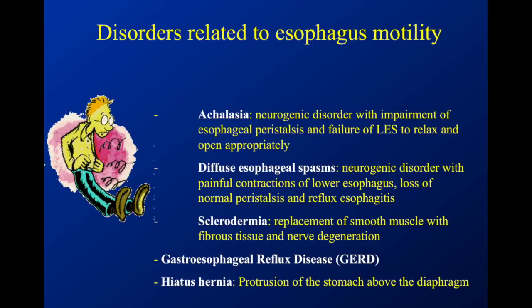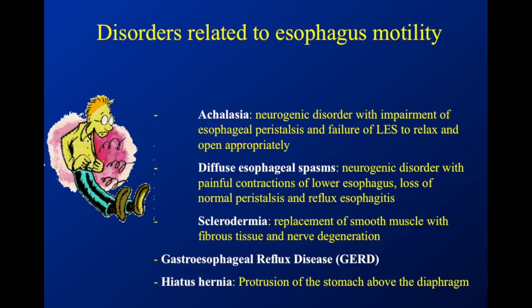You have diffuse esophageal spasms where the coordination of the contractions is out of sync. And you get reflux because of this, and it's painful, and the esophagus often has a kind of corrugated look to it.